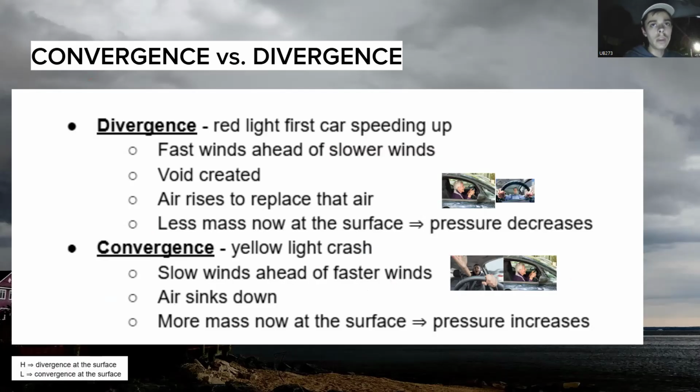And that would mean there's added mass, which is a pressure increase, which would mean high pressure, right? So then on the contrary, if we have convergence at the surface, that will cause there to be less mass because if it converges, then it's going to have to rise or just go away, and that's going to cause a pressure decrease.